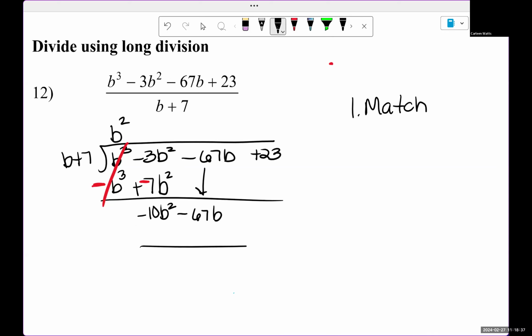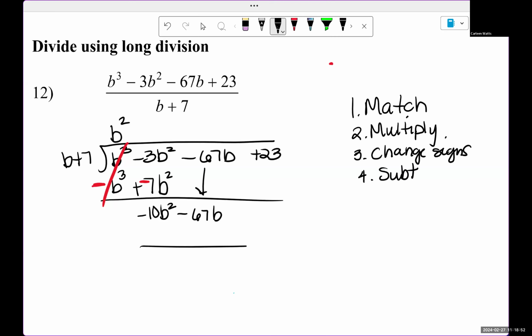Make it match, multiply, change signs and subtract, and then bring it down and start all over again. Everyone do the next step.